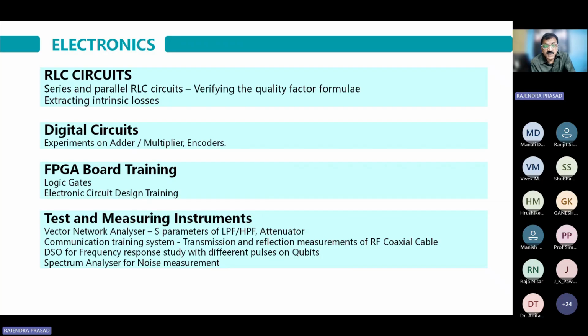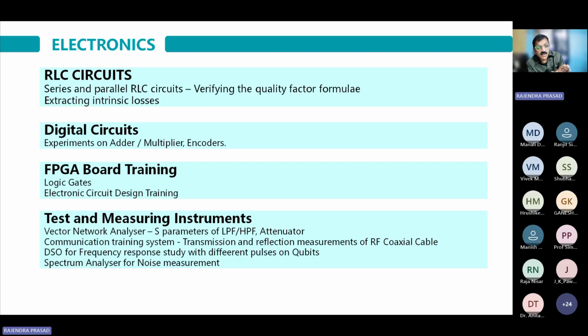We have the test and measuring systems to understand the parameters. Now, vector network analyzer, S parameters, the same. S11 is the parameter of the filters, attenuators, etc. And a communication training system is given for transmission and reflection measurements of RF cable.